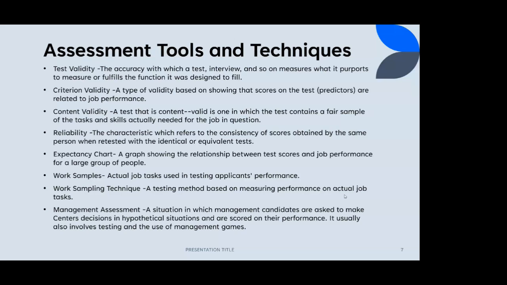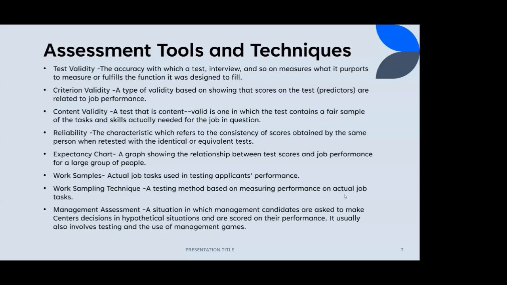So in test validity, in basic words, I can say that it's the test that values the qualifications of the candidates. That can be experience, expertise, skills, and so on.